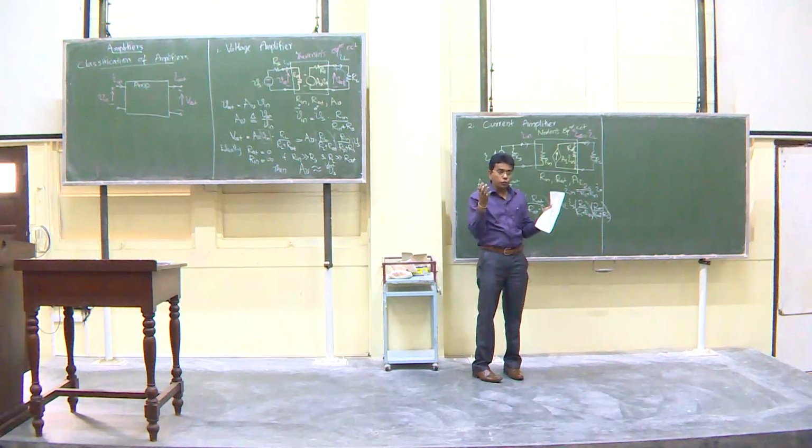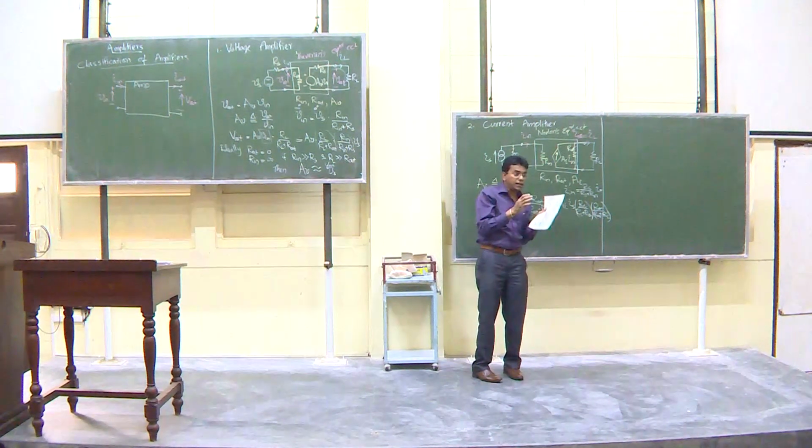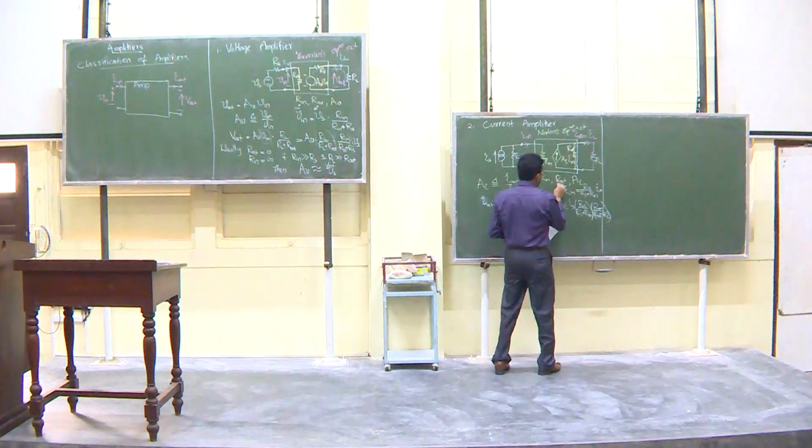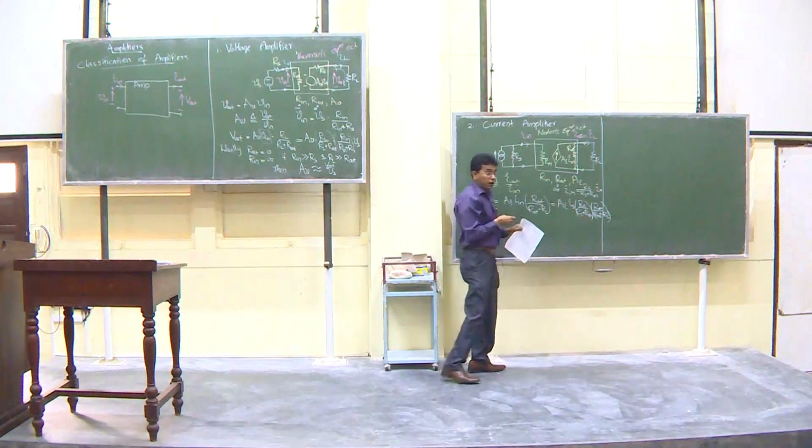So, the bigger the output impedance, the smaller the current that goes through it, which is better. So, in the ideal case, this output impedance has to be infinity, right. So, R out has to be infinity.